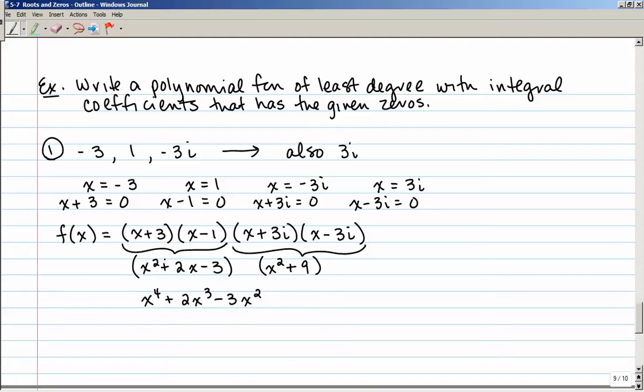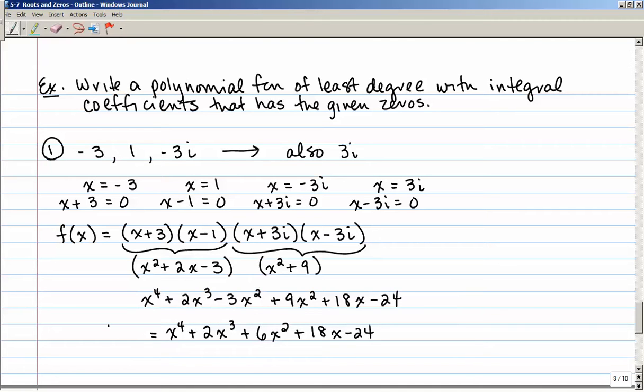Now 9 times each one of these: plus 9x squared plus 18x minus 27. Cleaning that all up, I'll have x to the 4th plus 2x cubed plus 6x squared plus 18x minus 24.